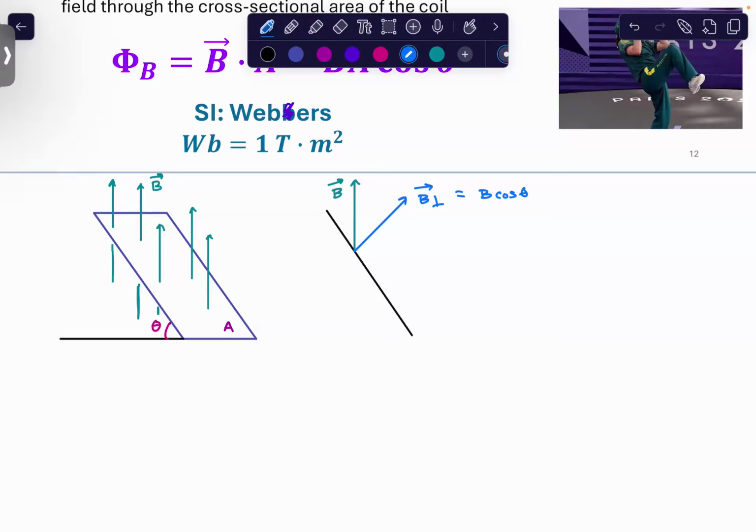It's your B cosine theta. In this case, that's your theta. And then, of course, your area vector. So that's where we get the flux.